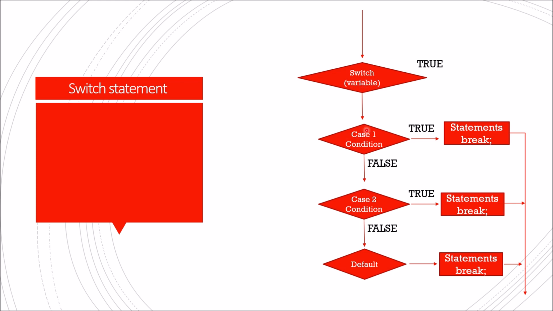So in this part of the switch statement, it will evaluate if it is the case that the current value is 1. In case it is, it will execute this block of statements, and then this break instruction will tell the program to cut this process out and go back to the rest of the program.